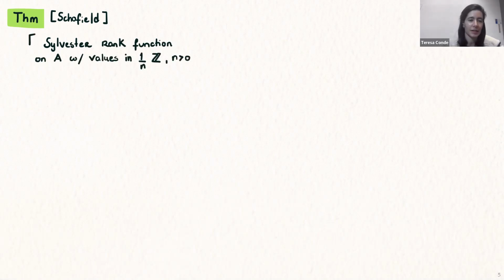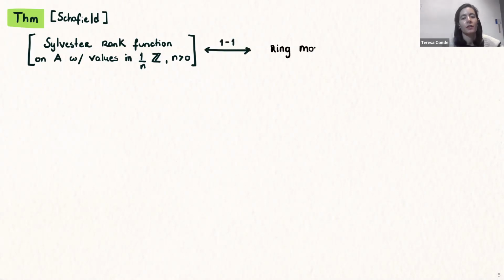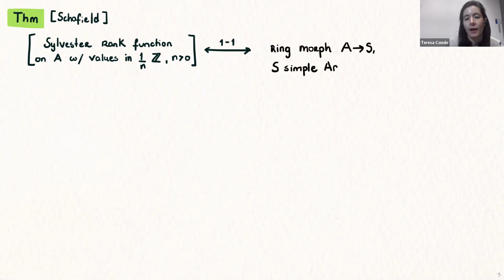But well, the result says that the Sylvester rank functions on A taking values in 1 over n times Z, where n ranges over the natural numbers, are in 1-to-1 correspondence with ring morphisms from A to S, where S is a simple Artinian ring.